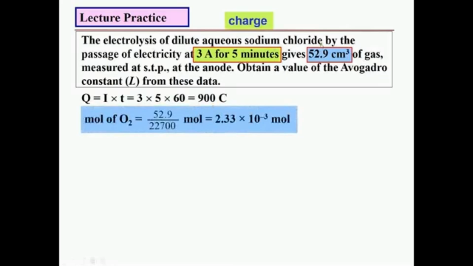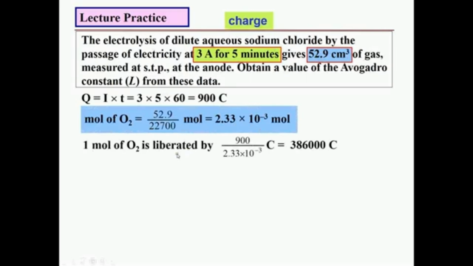Mole of gas liberated, 52.9 cm³ at STP, so divide by the molar gas volume at STP, which is 22.7 dm³, or 22700 cm³, that gives us 2.33 times 10 to the minus 3 mole. So 1 mole of oxygen gas is therefore liberated by 900 divided by this number, which gives us 386,000 coulombs.